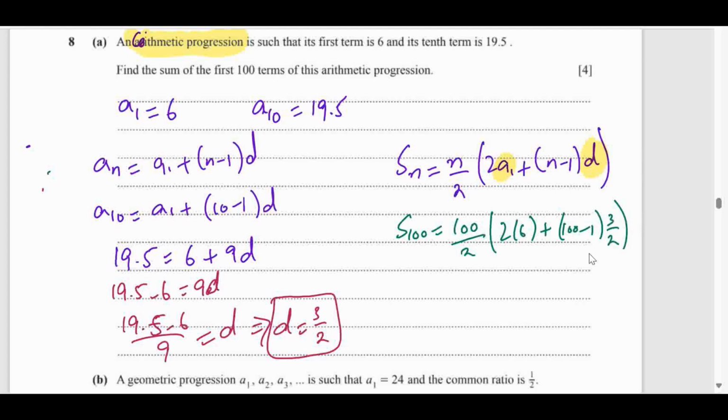Now S100 will be equal to 50 into 12 plus 99 into 3 by 2. So now let's simplify this one.